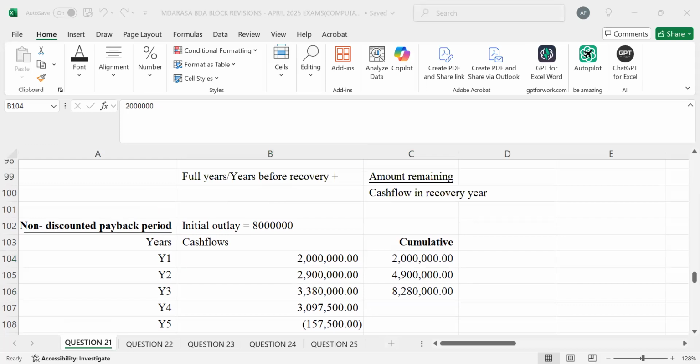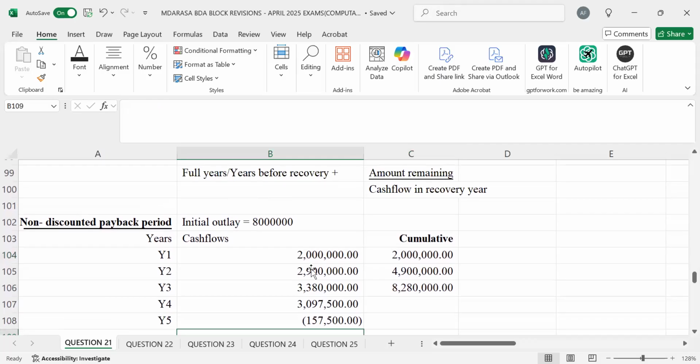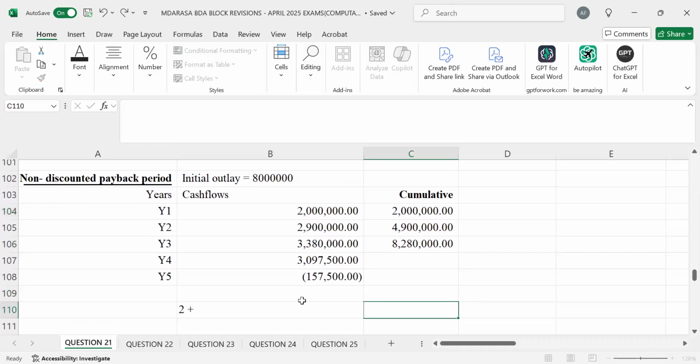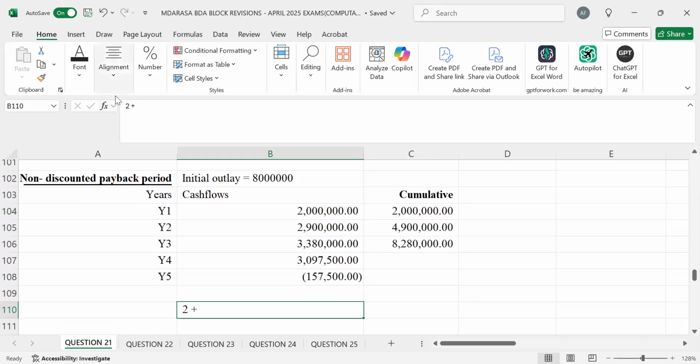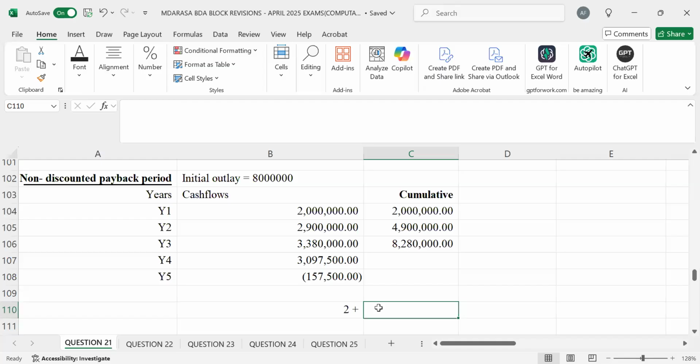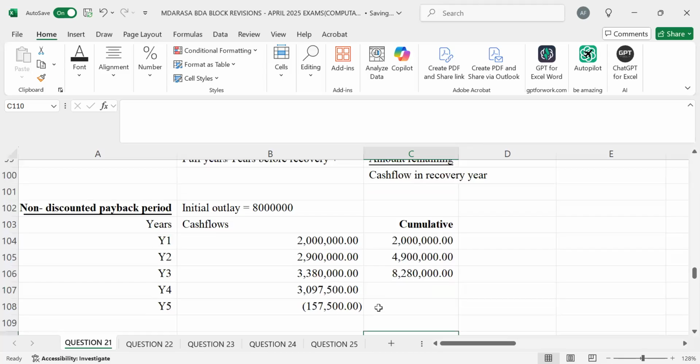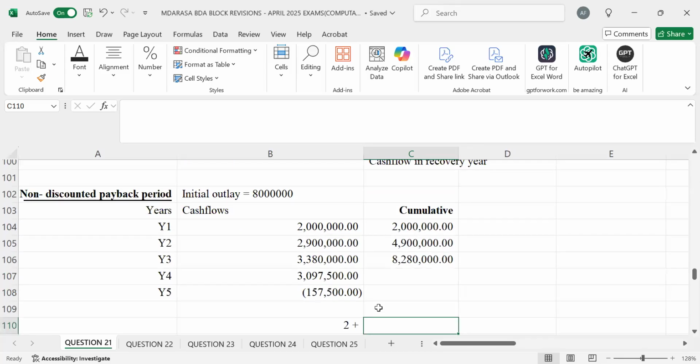Consider our full years before recovery. This is 2 years, so 2 plus the amount remaining. What are we remaining for us to attain our initial outlay?